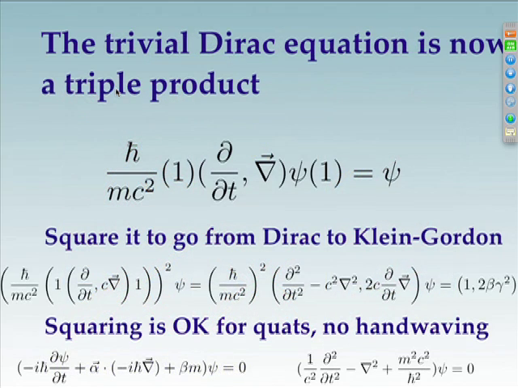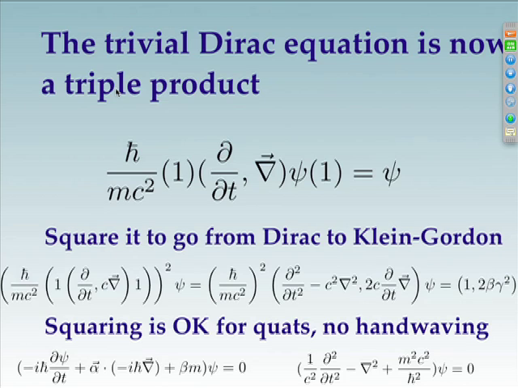So the trivial, quote-unquote, Dirac equation is not a triple product. If I square that thing, and squaring is okay for quaternions, there's no problem with that, you see that I did end up at the Klein-Gordon.